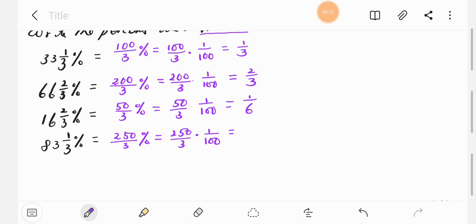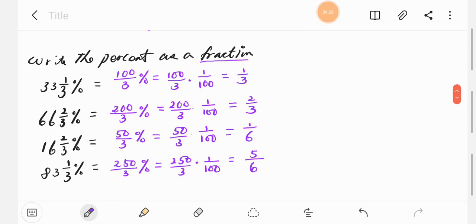Then reduce it, so the top becomes 5, and the bottom is 3 times 2, which is 6. Okay, simple, isn't it? So always keep in mind that when you change a percent to a fraction, replace the percent with 1 over 100. And if we have a mixed number, then change it to an improper fraction, and then simplify.